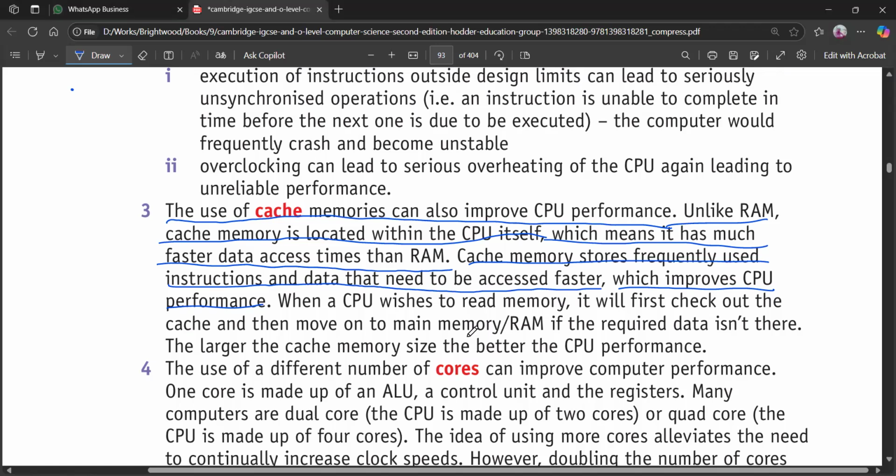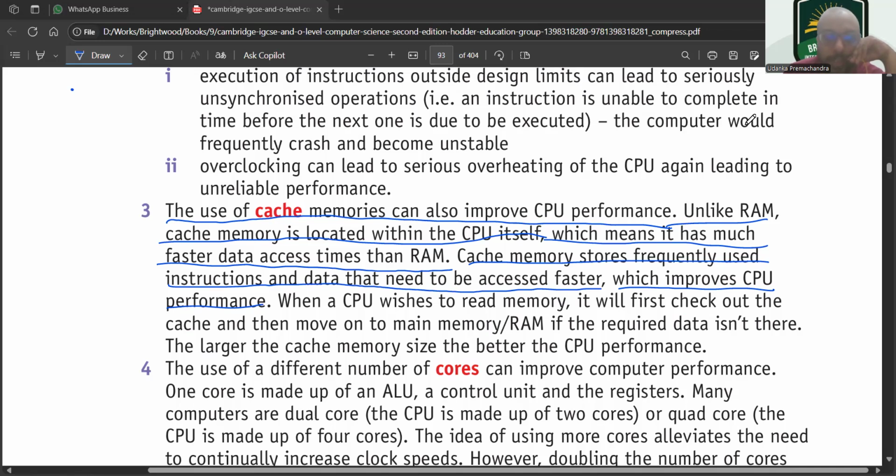You can use cache memory to improve performance over RAM.